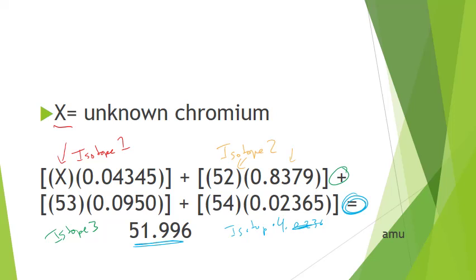51.996. So now we bust out our calculator and we start plugging these things in. Remember our math, I'm going to write it up here on top.